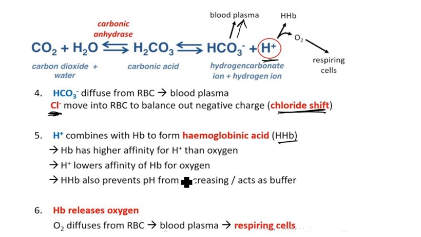So when that happens, oxygen will be released, and the pH will be normal again. When the hemoglobin has a high affinity for hydrogen instead of oxygen, oxygen will be released into the blood plasma. Then from the blood plasma, it goes into the respiratory tissue cells.